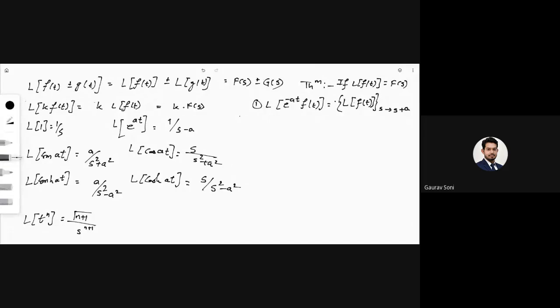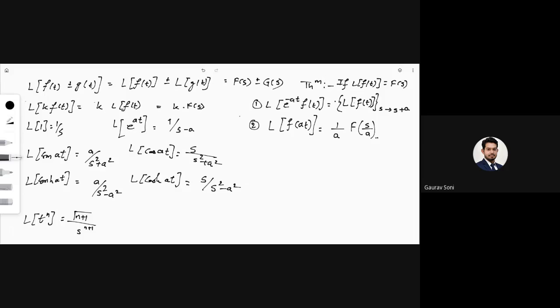Then the second theorem says that Laplace of f of at is equal to 1 upon a times capital F of s by a.